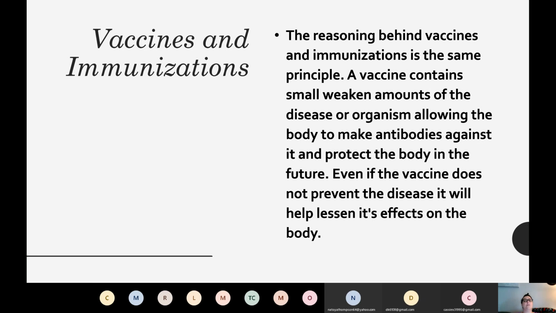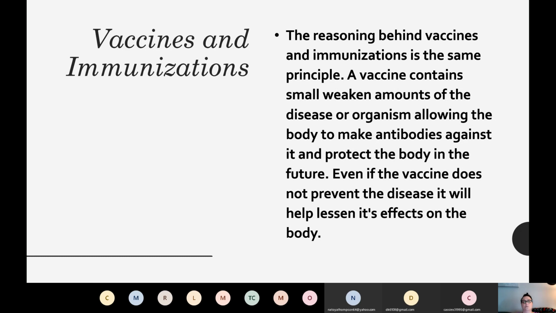Then we have newer, more advanced ones that are lab created, where we take strands of the RNA and the DNA, which is basically what makes them whatever they are, their virus, whatever it is. We take a tiny bit of that and make vaccines that way.